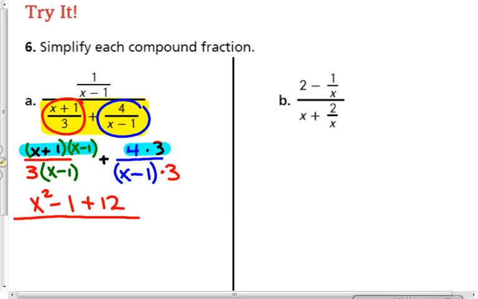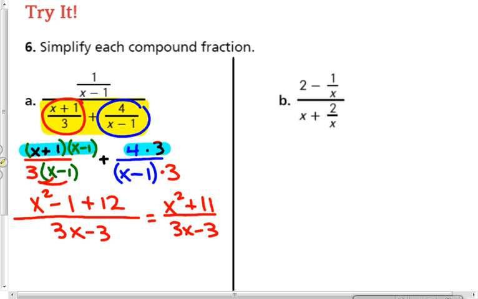You want to call it 3 times x minus 1 or 3x minus 3? I don't care. You want to call it 3x minus 3? Because you distribute? That's fine. What is negative 1 plus 12? 11. So currently we have x squared plus 11 over 3x minus 3.